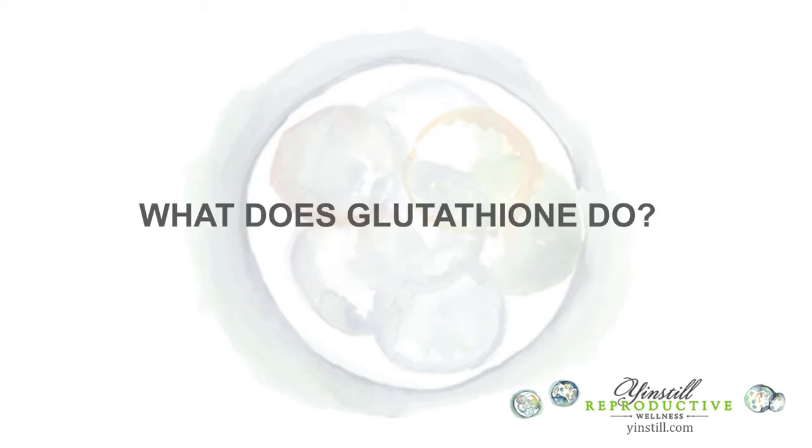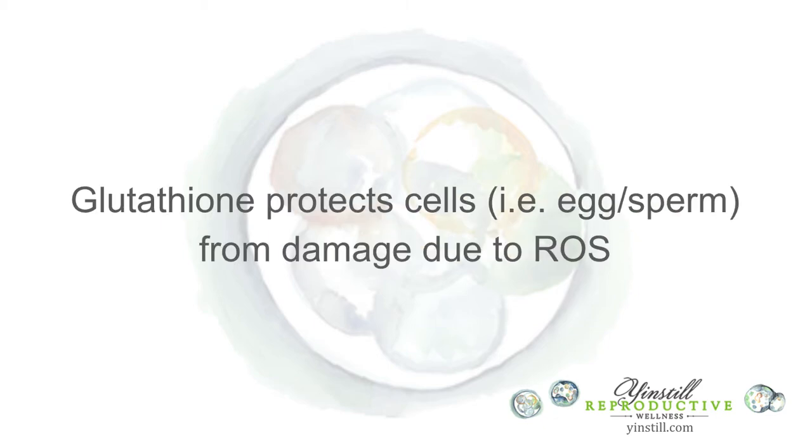So moving on quickly from there, what does glutathione do? Most importantly, glutathione protects cells, i.e. sperm and egg, from damage due to ROS.